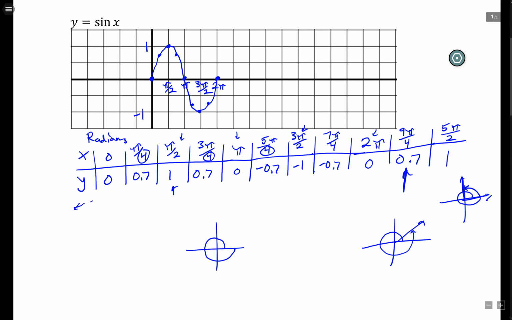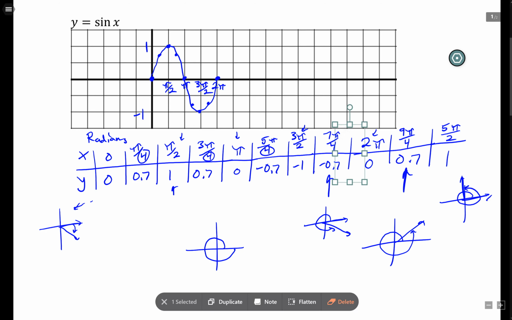Likewise, if we go in a negative direction, isn't it true that if I go negative pi over 4, this is coterminal to this one? So because of all these coterminal angles, basically the pattern is going to repeat.